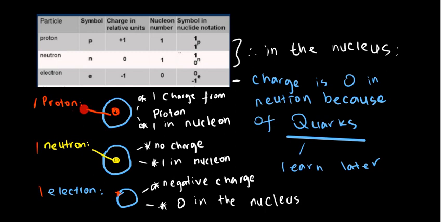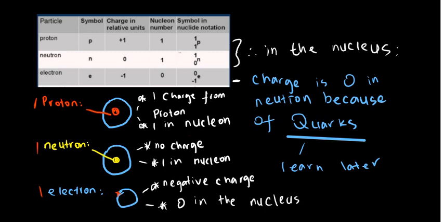And the proton lies in the nucleus, so there's going to be 1 in the nucleus. The total mass is only going to be 1. That's how you remember the nuclide of the proton: proton in the middle, the top nucleon number is going to be 1, and the charge is going to be positive 1.